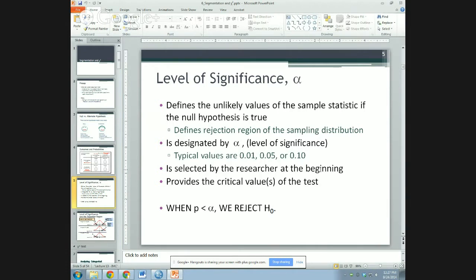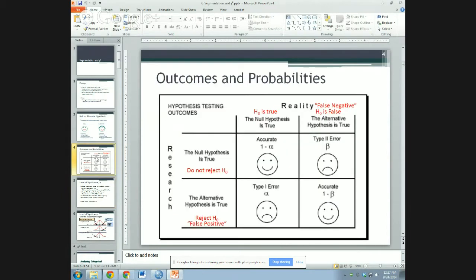So the researcher accepts the level of risk. But as we've talked about in other terms here, if we accept one risk, we trade off versus another risk. We trade off type 1 error versus type 2 error.